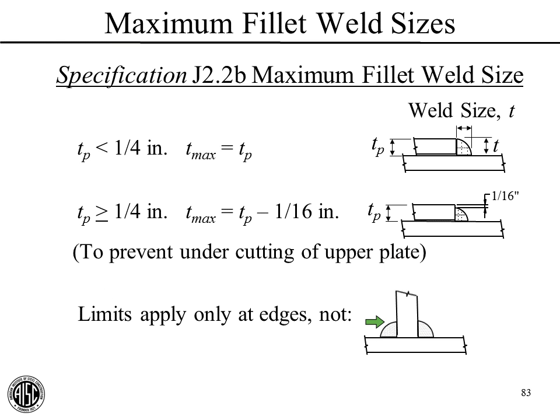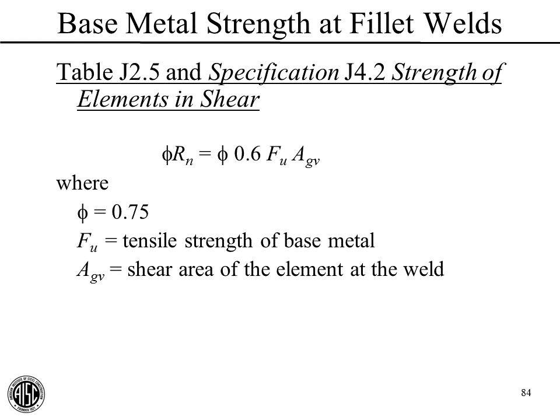It does not apply to that. As far as this requirement goes, we could have a huge weld there. We have other practical considerations that will stop us from having an enormous weld. Also, we have the next thing, which would be the base metal strength that would prevent us from using a huge strength that we would calculate there.